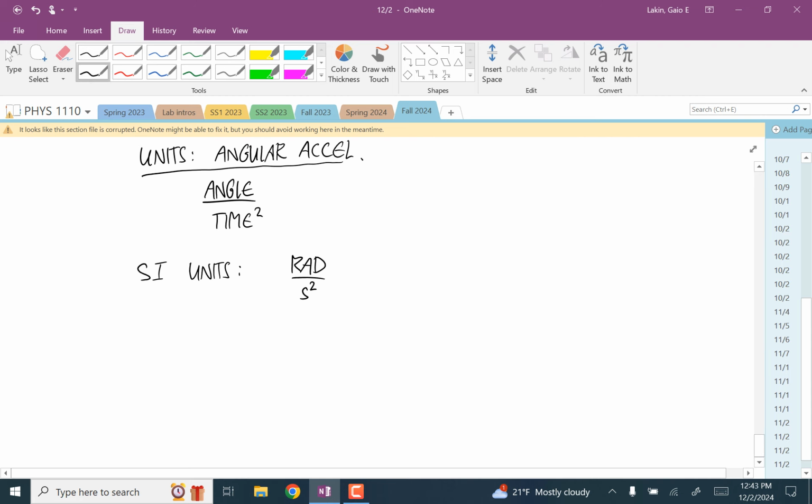And then again, for the direction, if the angular acceleration is counterclockwise, it's positive. And if the angular acceleration is clockwise, it's negative.